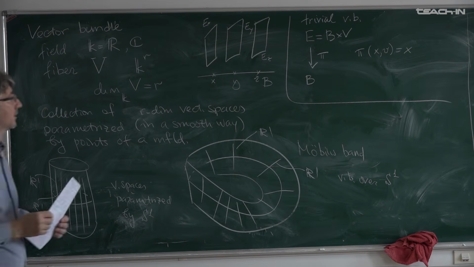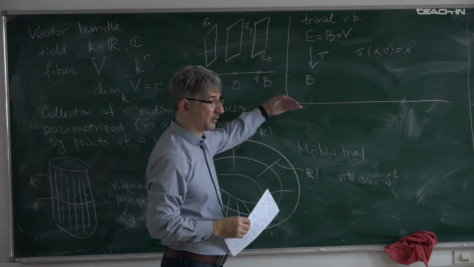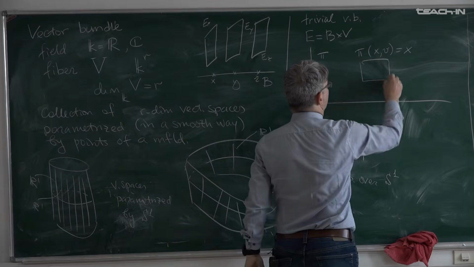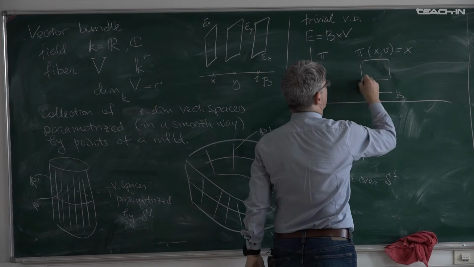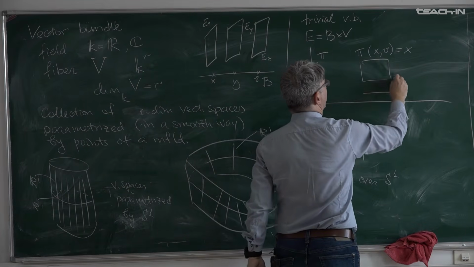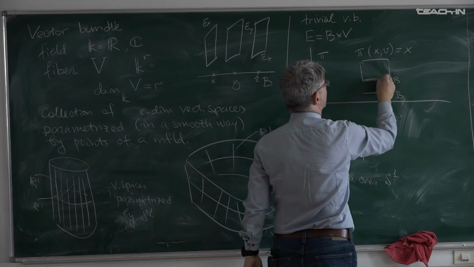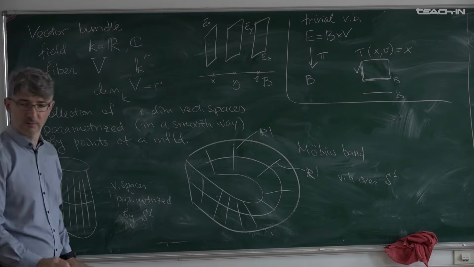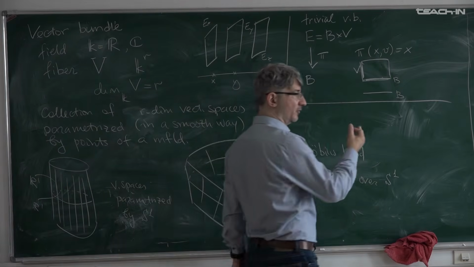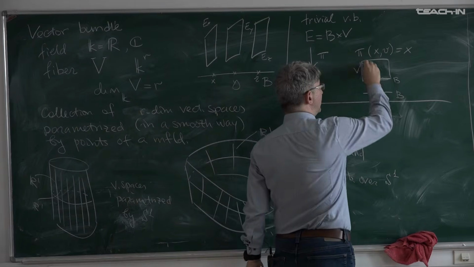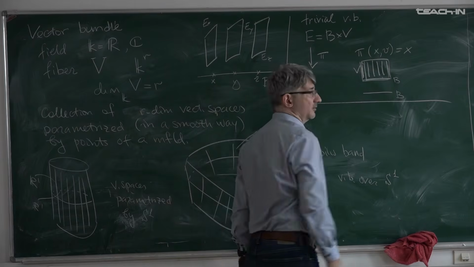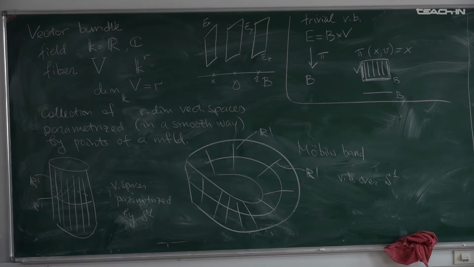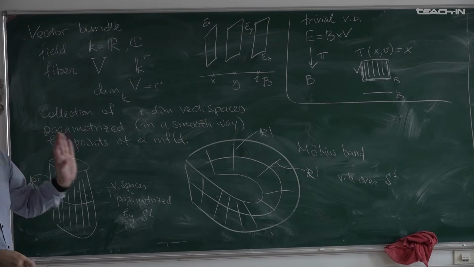How do you think about that? You think about that as a direct product. So this is a base, this is a direct product of base in the horizontal direction and fiber in the vertical direction. No problem. So if you want to look at fibers, this is a collection of vector spaces. No twists, no tricky things. It is just a trivial vector bundle.